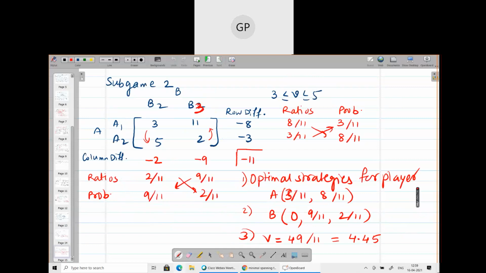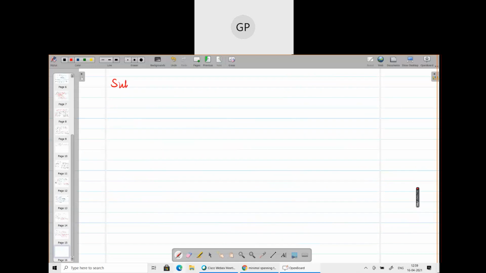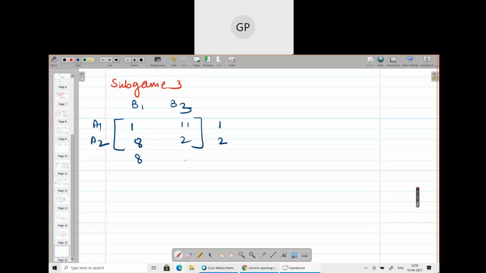Now subgame 3. There is one more subgame. What is that? We will skip B2. We will consider B1 and B3. So 1, 11, 8, 2. Again, is there any saddle point? 1, 2, 8, 11.